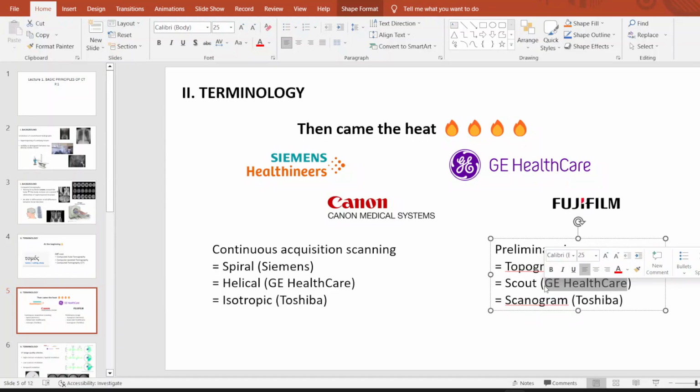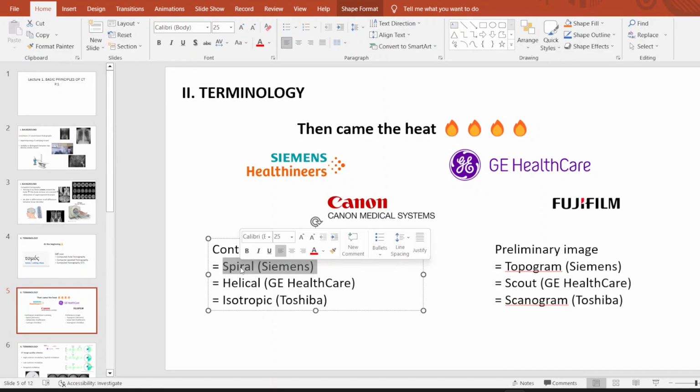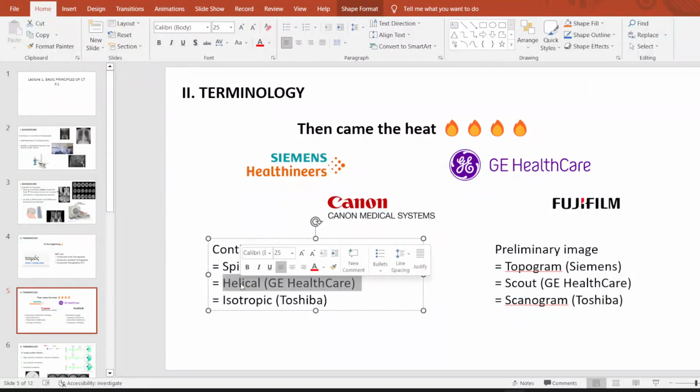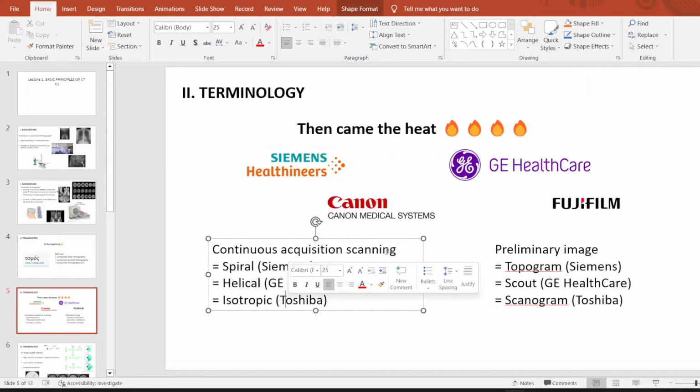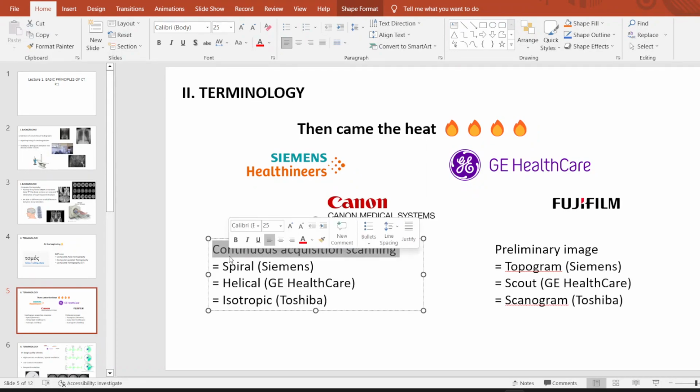Well, as you may recognize, sometimes the trade name is the name of the vendors. Yeah, the trade name is more widespread than the original name. For example, in high school, I only heard about helical mode and spiral mode instead of continuous acquisition scanning.